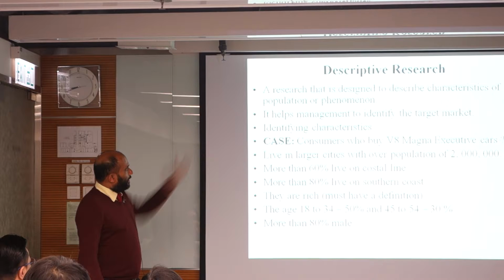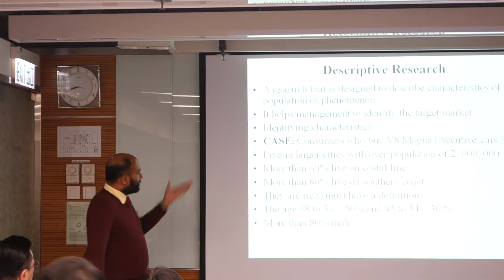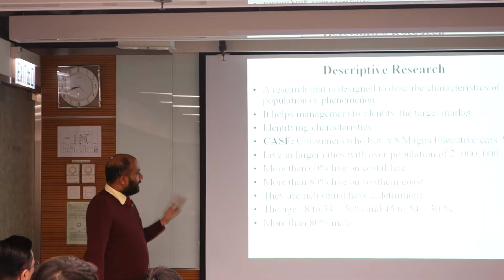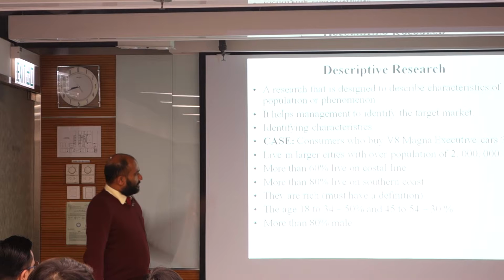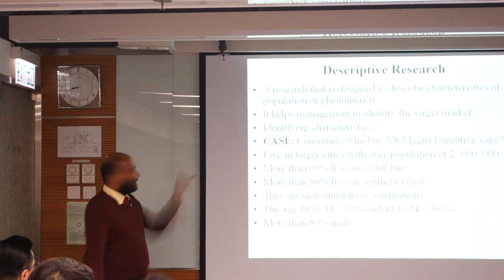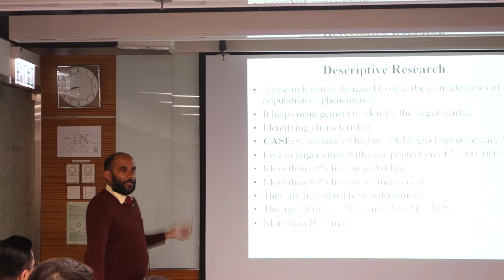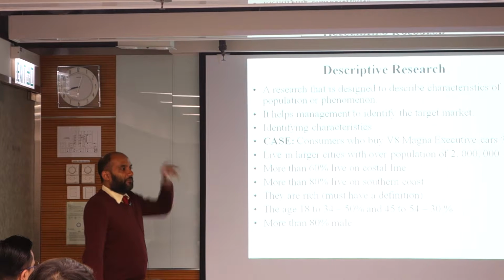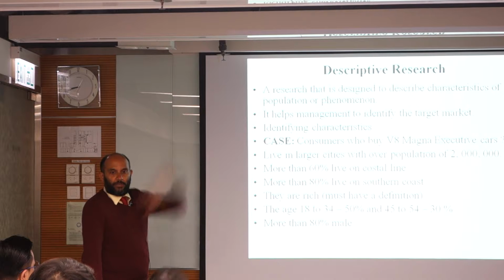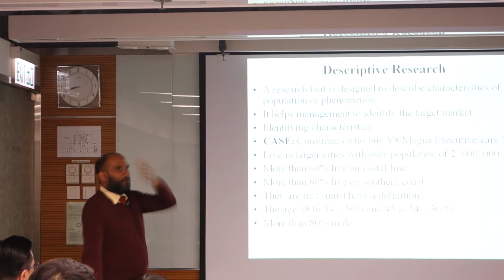Now, in the case of this one, live in larger cities with a population of over 2 million. So this is a simple characteristic. Larger cities actually means that it takes time to go from one end to the other end. In Hong Kong, this is certainly useless because the whole of Hong Kong you can drive in maybe 2 hours, one round.